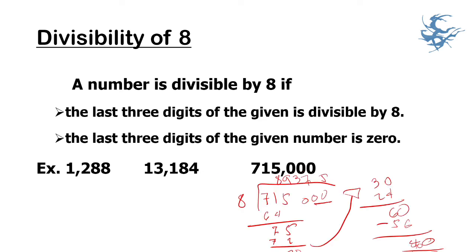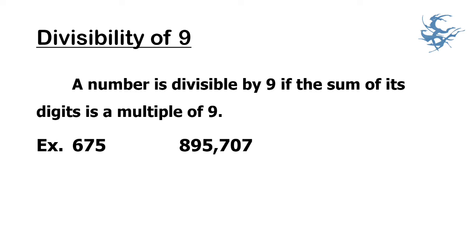Let's go with our next divisibility rule, which is divisibility of 9. A number is divisible by 9 if the sum of its digits is a multiple of 9. So, yung process niya parang same lang din sa divisibility rule of 3. Okay? I-add mo lang rin yung mga digits niya.